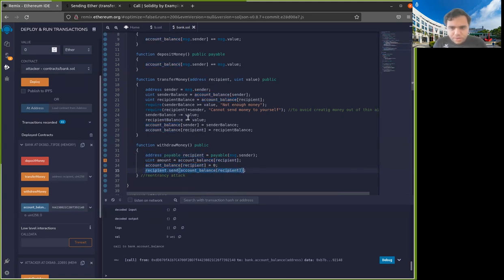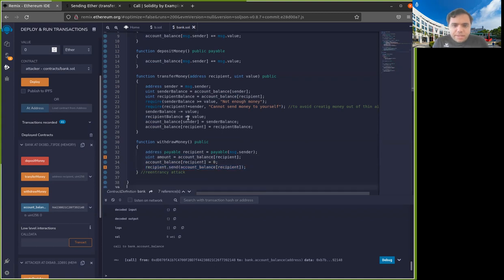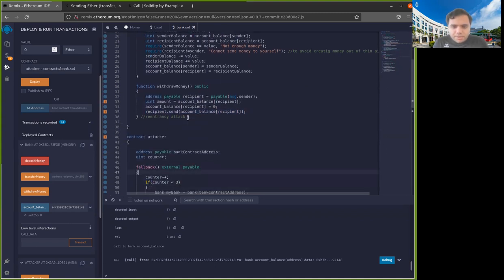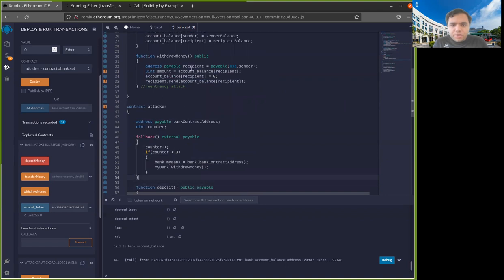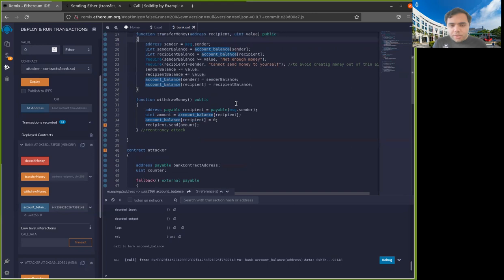If you do this, it doesn't matter if reentrancy happens. This fallback function can call your withdraw again, but when that happens, the balance is already zero, so you will not send an extra amount of money. Actually, here it should be the amount. So you first take out the account balance, set it to zero, and only after you set it to zero, you send the money over. Okay? This is one simple way of fixing it.